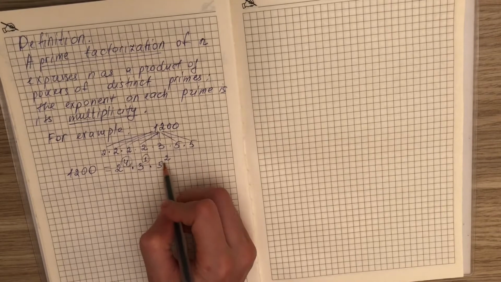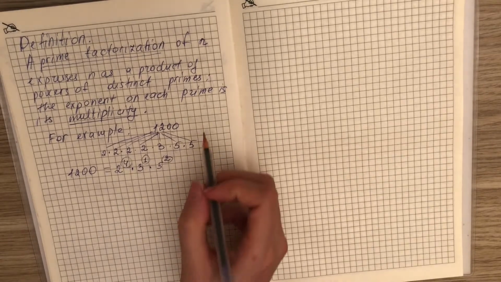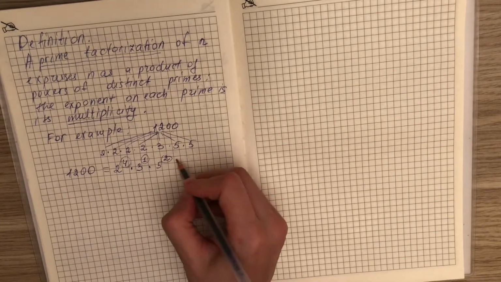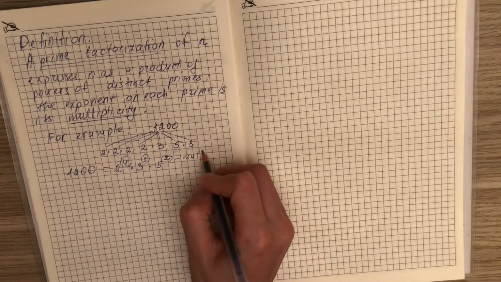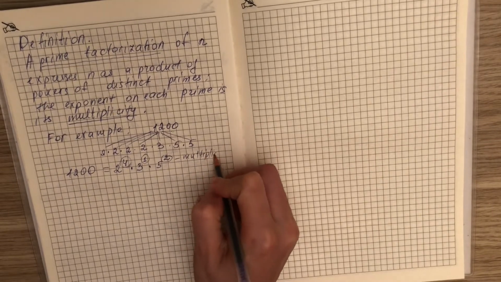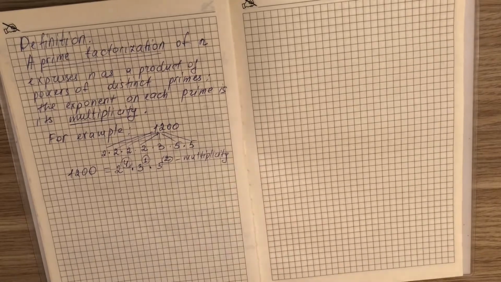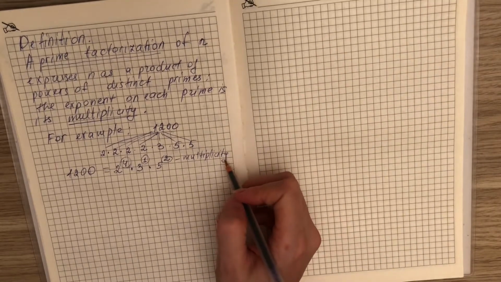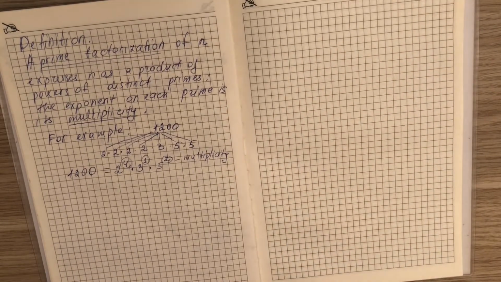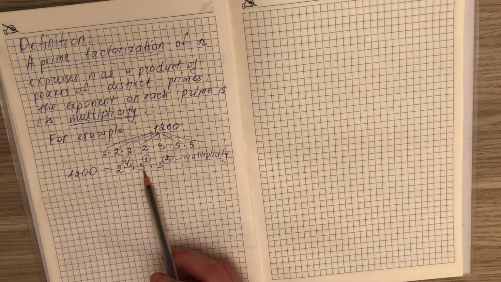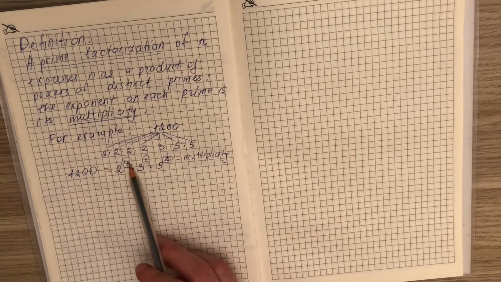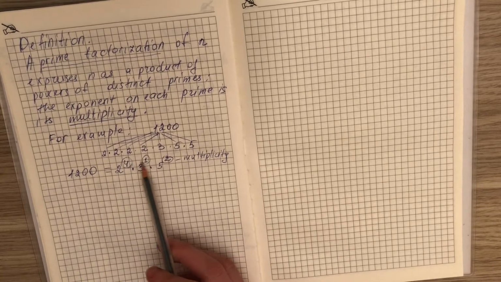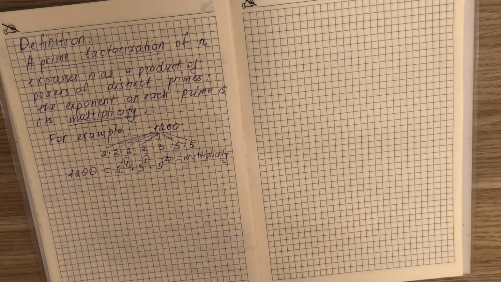These exponents are the multiplicity of each number.